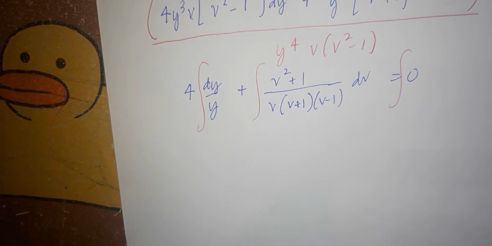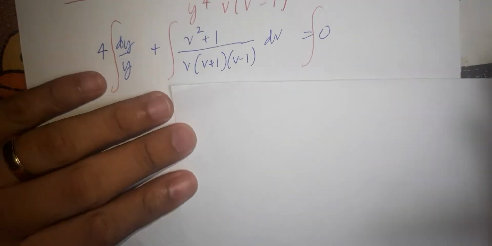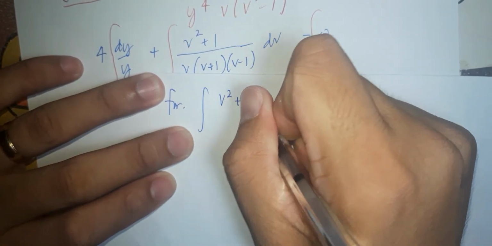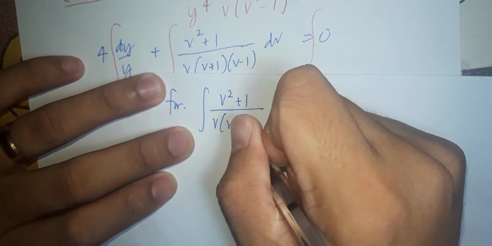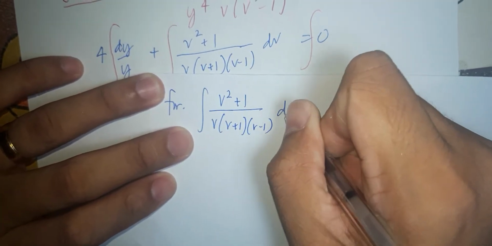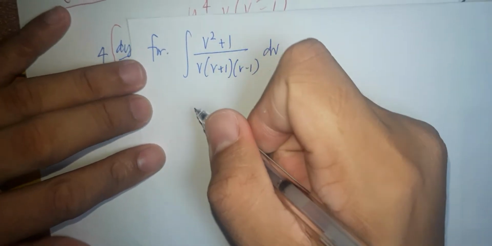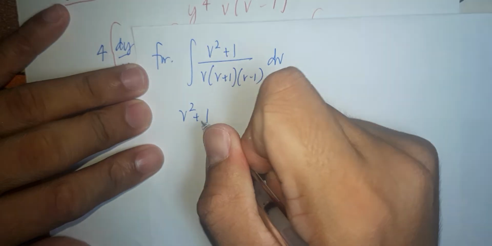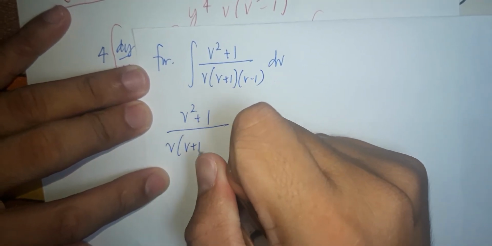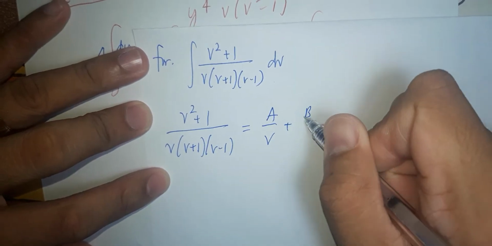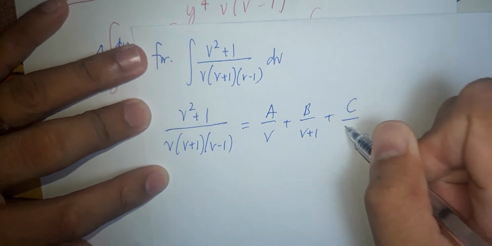So since gagamit tayo ng partial fractions, for integral of (v squared plus 1) over v times the quantity (v plus 1)(v minus 1) dv. So, solve natin siya using partial fractions. V squared plus 1 over v(v plus 1)(v minus 1) is equal to a over v plus b over v plus 1 plus c over v minus 1.